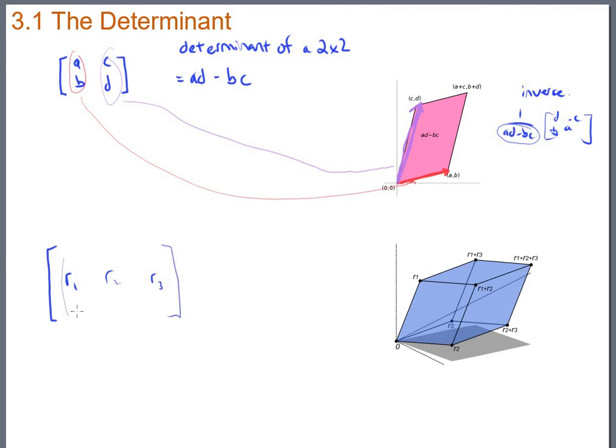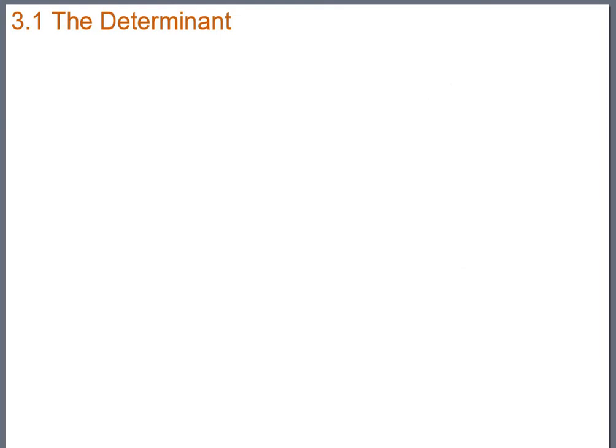So R1, if you look at that as a vector, and then you get your other two, and between the 3 of them, it traces out a parallelepiped, which is a beautiful word to say, and the determinant will give you the volume of this parallelepiped. What we don't yet know is how to actually numerically do that. So let's get the numerical computations for finding a 3 by 3.